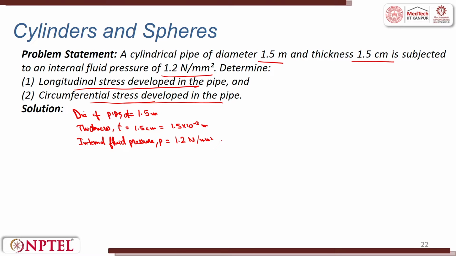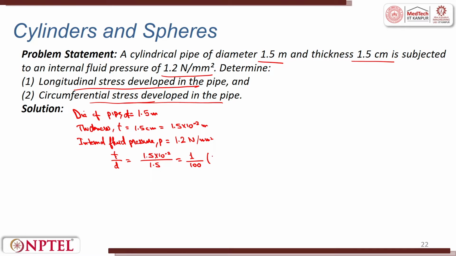As we know, the ratio t by D, that is thickness by diameter, is equal to 1.5 into 10 raised to the power minus 2 by 1.5. This is equal to 1 by 100.